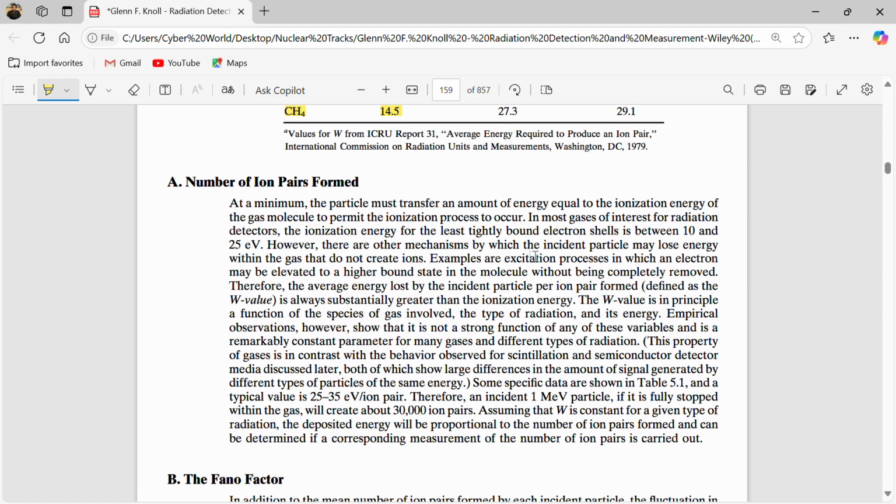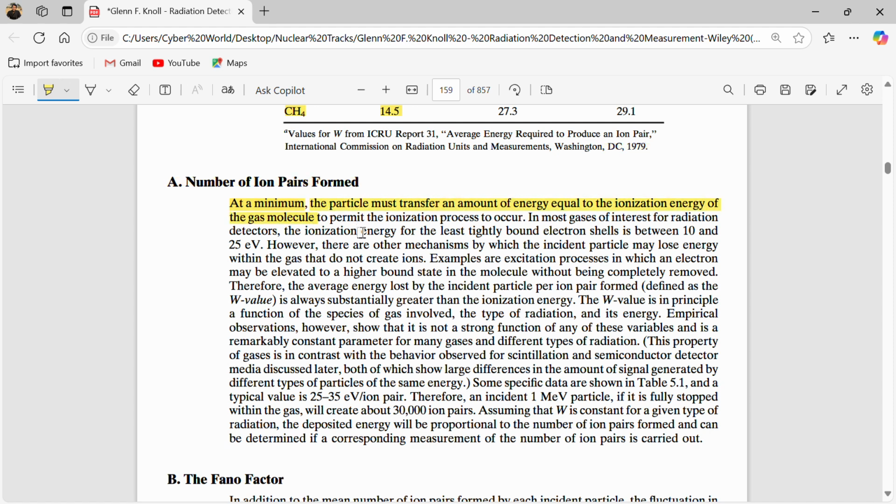Now move on to the number of ion pairs formed. How many ion pairs have to be formed? At a minimum, the particle must transfer an amount of energy equal to the ionization energy of the gas molecule.